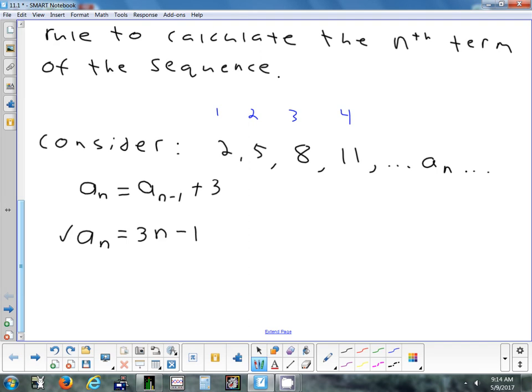What would the 200th term be? 599. Yep. So we can just find the 200th term, and we didn't have to find every term before it.